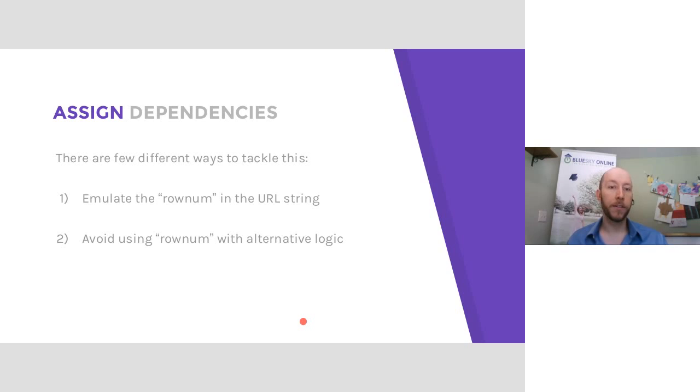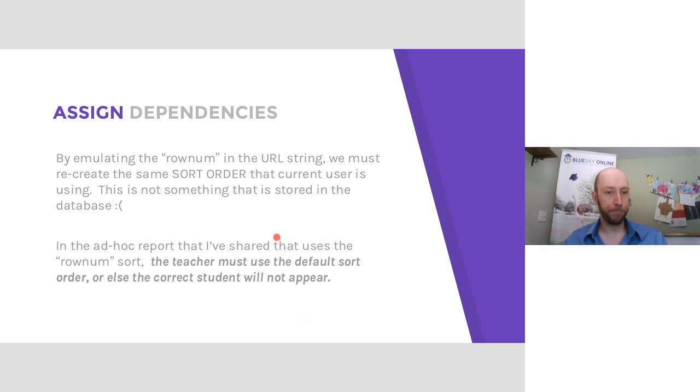So you can either emulate the Rownum in the URL string by emulating the same kind of sort that's used, or you can avoid using that Rownum logic with doing some alterations to the assign plugin so it doesn't require that in the URL string. So what's the difference?